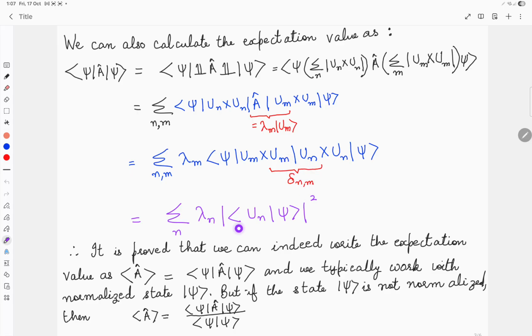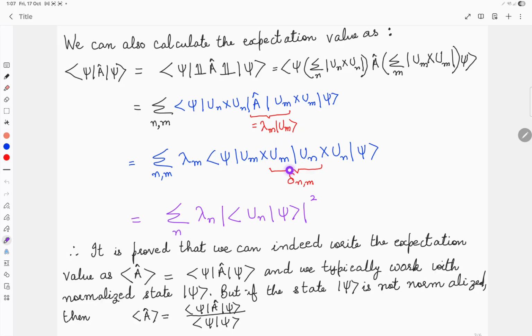So in that case, if you use the square term, there is this one term, psi of um, and this is of course the canonical delta, right? And when n is equal to m, this will be equal to 1, and so there will be summation only for n when n is equal to m.